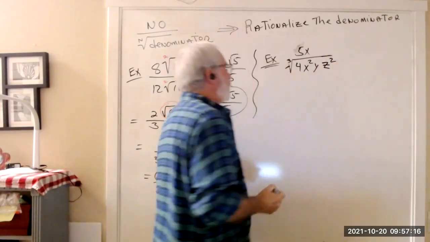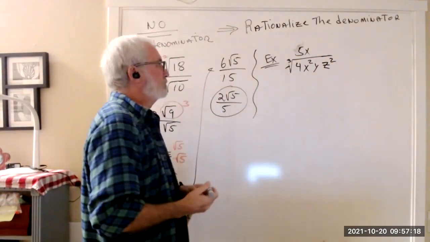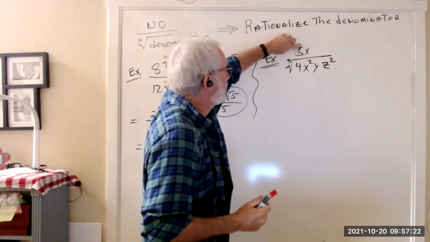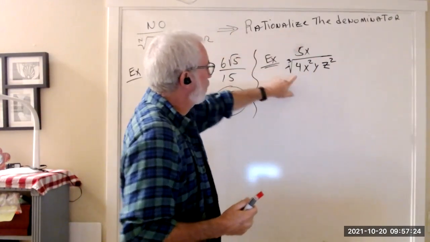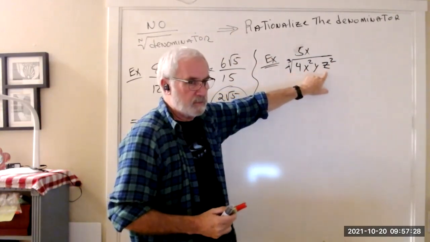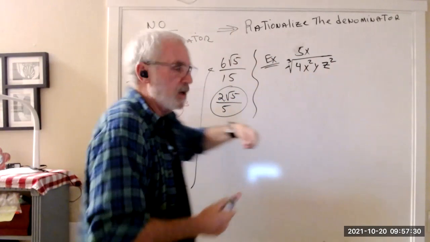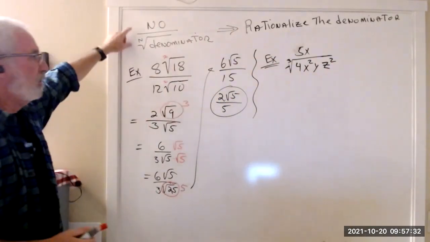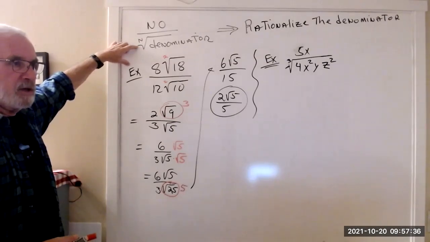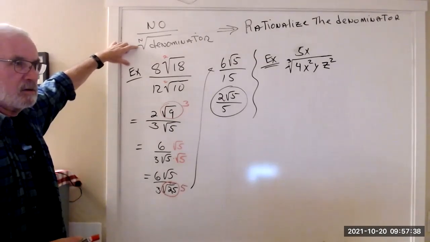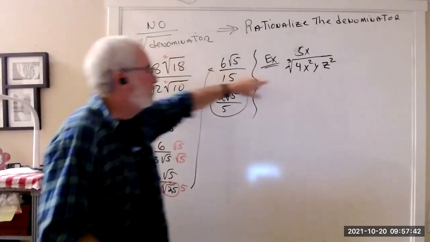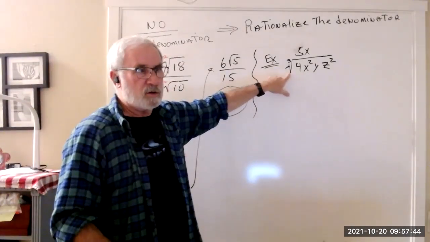What if I had 5x on top, and on bottom, I had the cube root of 4x squared y z squared? Okay, again, the basic rule says for your final answer, you can have no radical in the denominator. No square root, no cube root, no nothing. You've got to get rid of all of that radical.